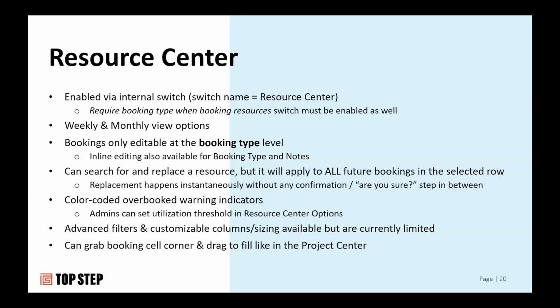So if I'm looking at October and November only and I do a swap of resources, I'm not changing the past resources, and I'm not changing anyone after November. You're not changing the past, but it will apply to all future bookings in the selected rows.